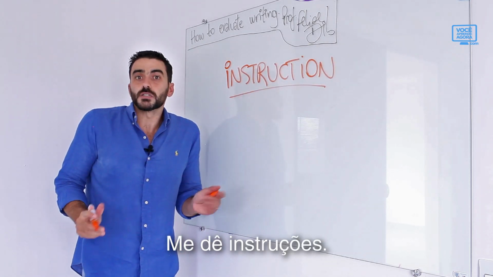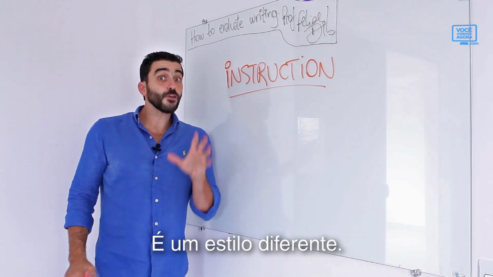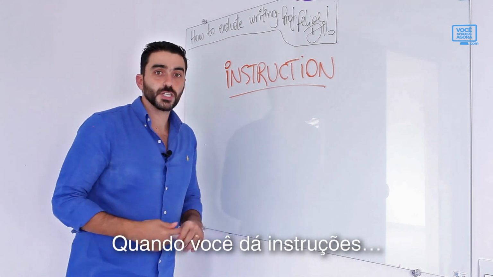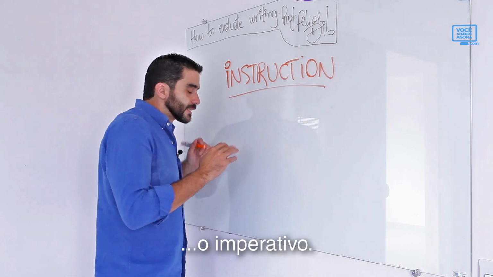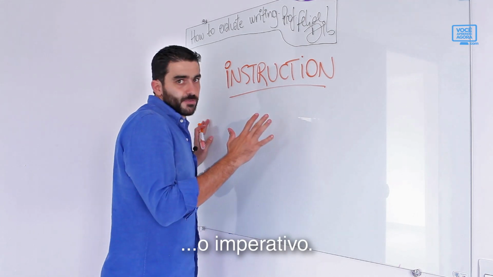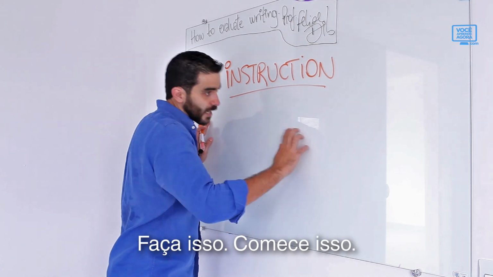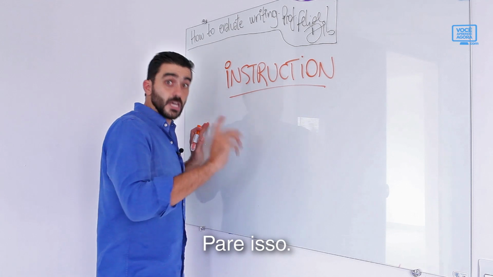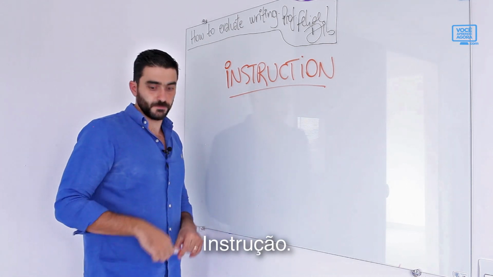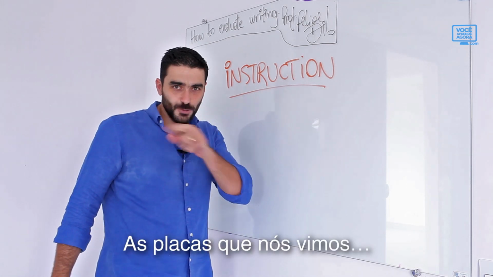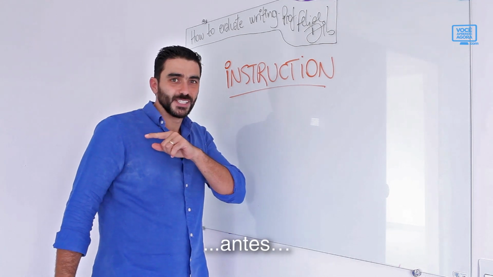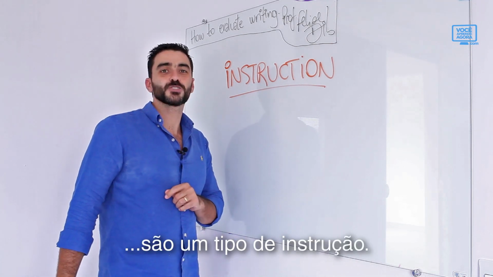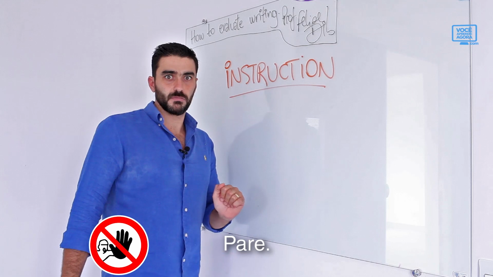Instructions are a different style. When you give instructions, you're going to use the imperative, like: do this, start this, stop this. The signs we saw before are a kind of instruction: Stop.